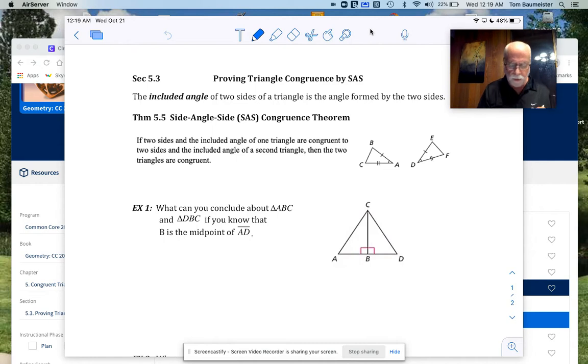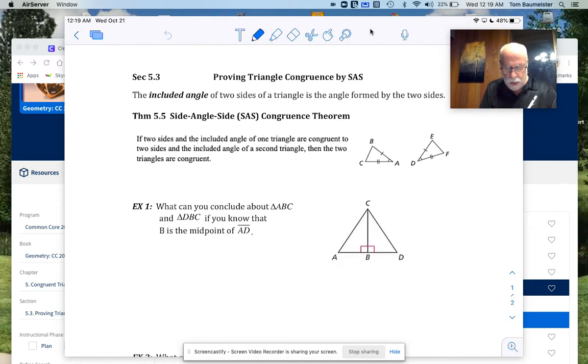The first one that we're going to talk about is called side angle side. The included angle of two sides of a triangle is the angle formed by the two sides. If we look right here, angle B is the included angle of side AB, which is already marked, and side BC, which wasn't marked, so I marked it with three tick marks.